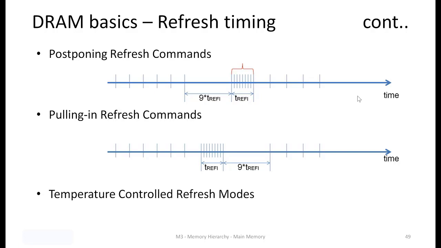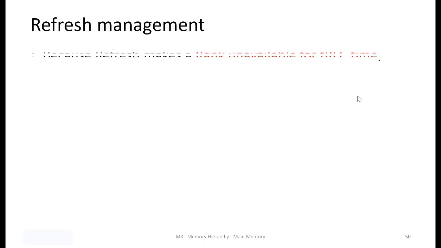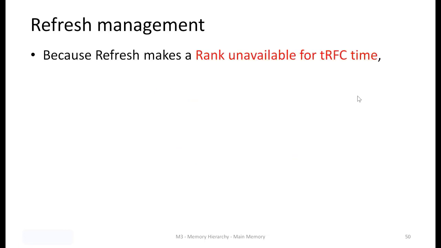Apart from this, there are a few other features which are temperature controlled refresh modes, self refresh, auto self refresh modes in the DRAM devices, which the memory controller can use. With all this, the memory controller tries to manage the refresh operations. We can term that as refresh management, because the refresh makes a rank unavailable for TRFC time.